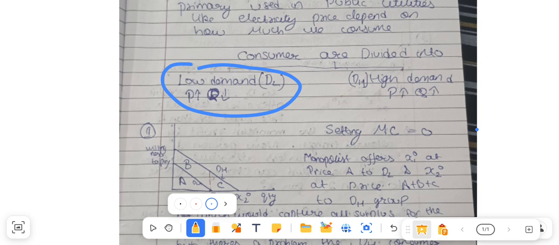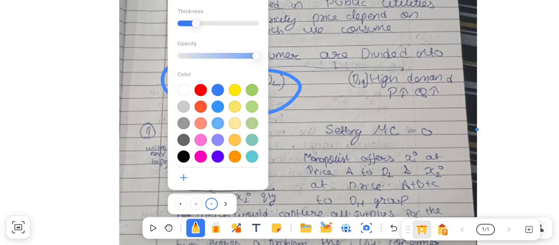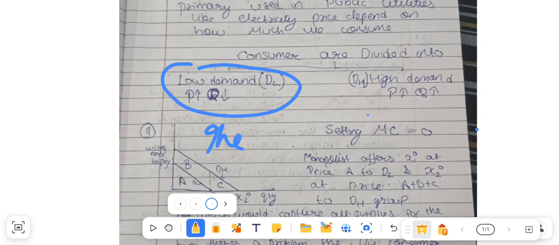Suppose the low demand group got to know that the price of electricity, if they consume more, will increase from rupees 5 to rupees 6. Then due to this they will demand less quantity.